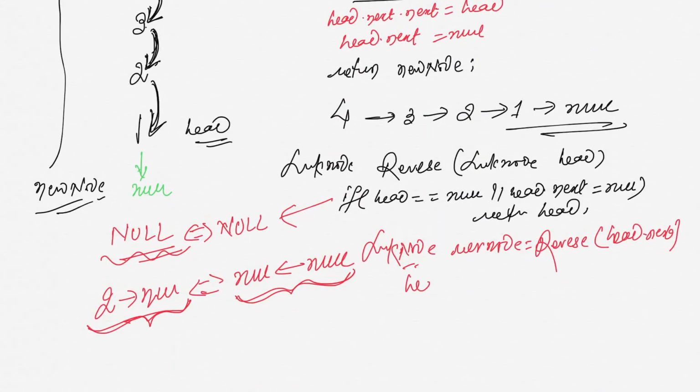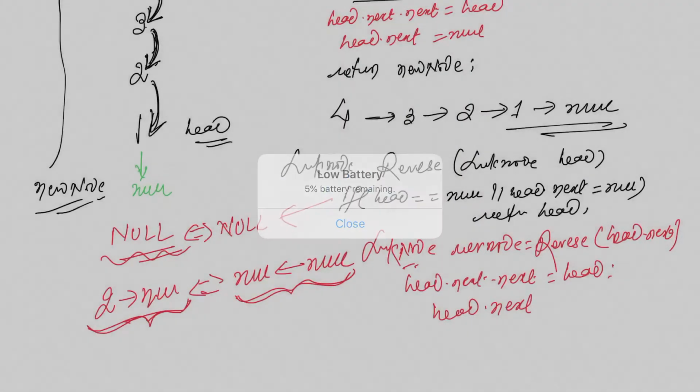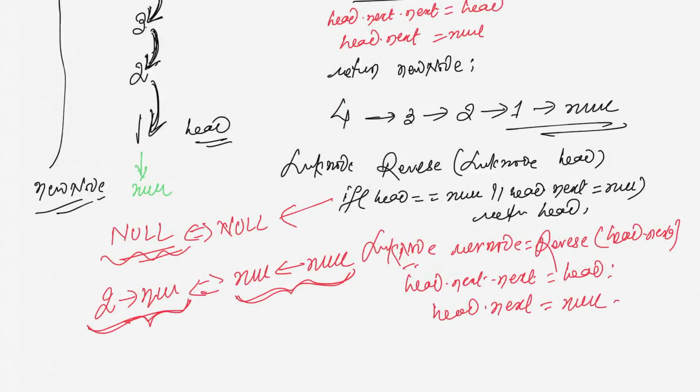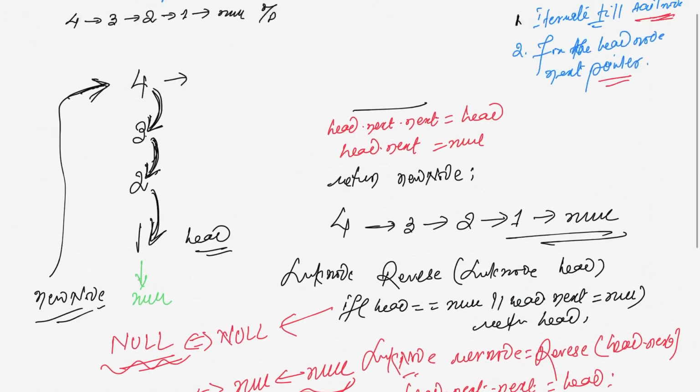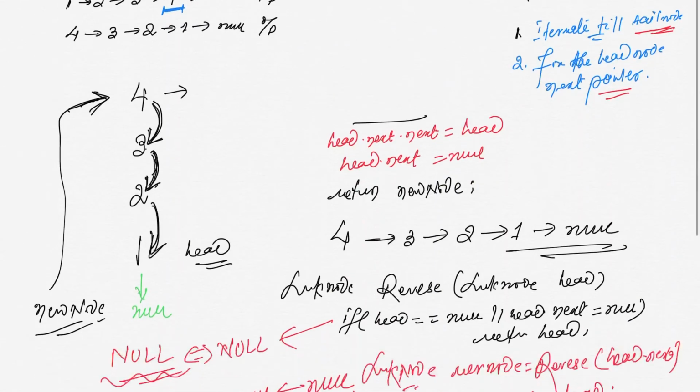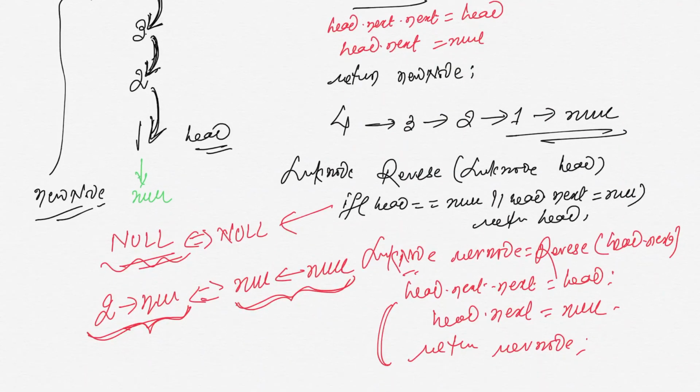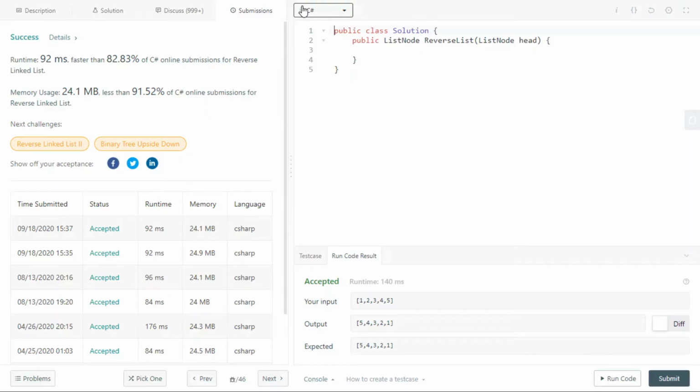Then head dot next dot next is going to refer to head, and head dot next, the old reference of next, is going to be null, and return reverseNode. So this is all about reversing a linked list using recursion. Hope you like this video. Thank you for watching.